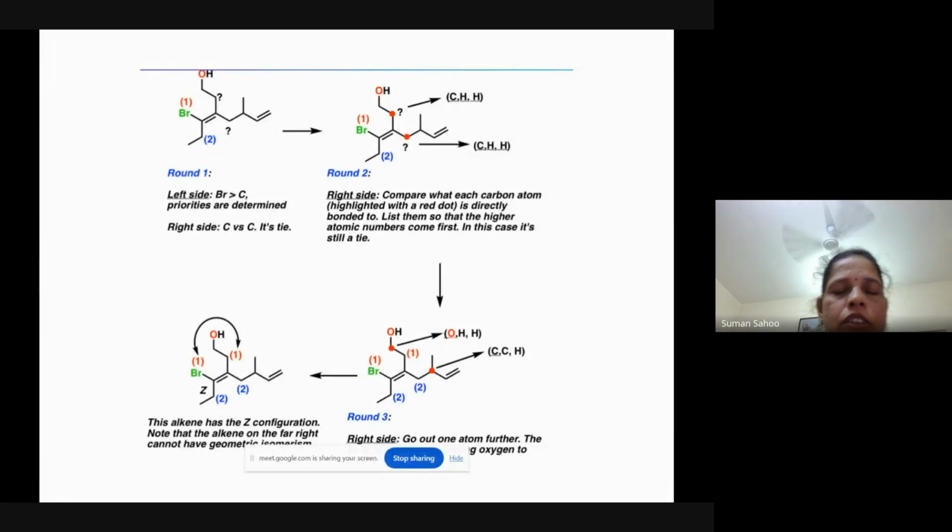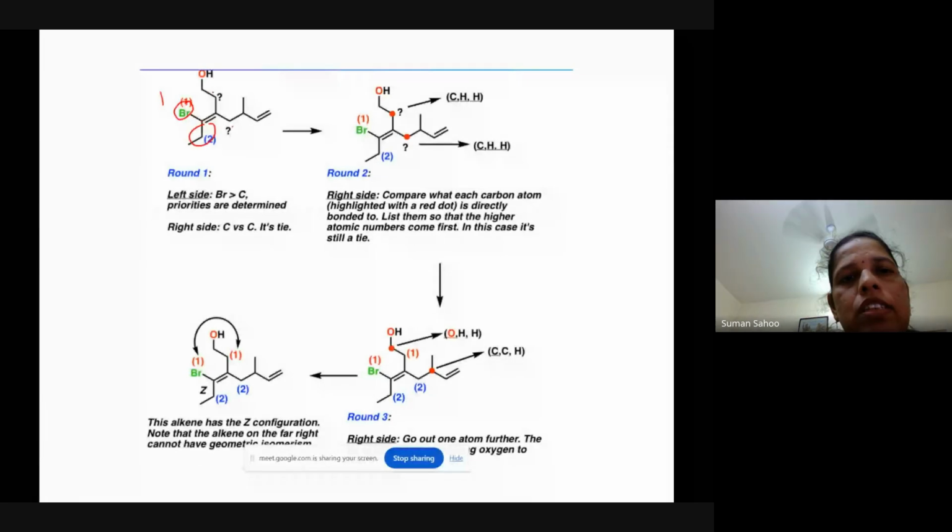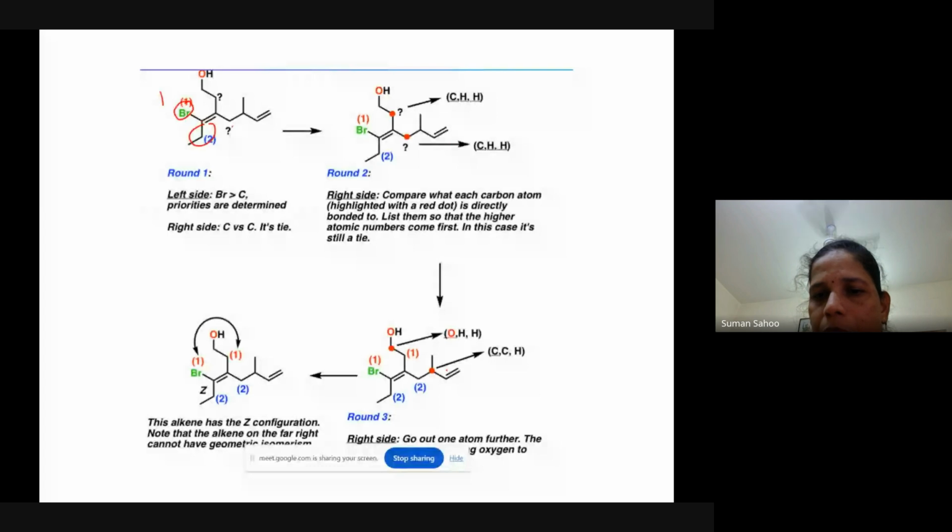But in this question, you see on this carbon we have two different groups, bromine and one ethyl. So it is easy: this one is 1 and this one is 2. But what about this? Here you have a carbon and on this side also you have a carbon. In this case, you have to see the next point of attachment. On this side the next point of attachment is again carbon, then hydrogen.